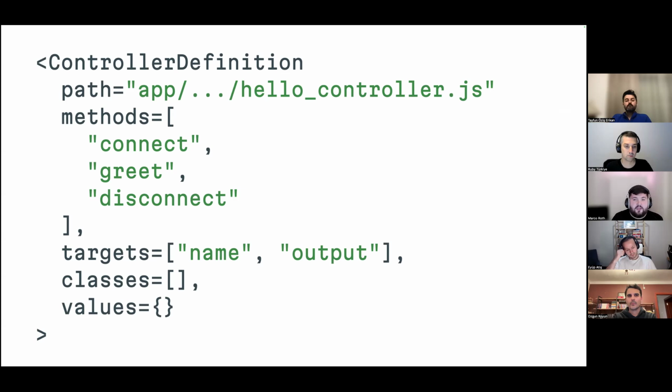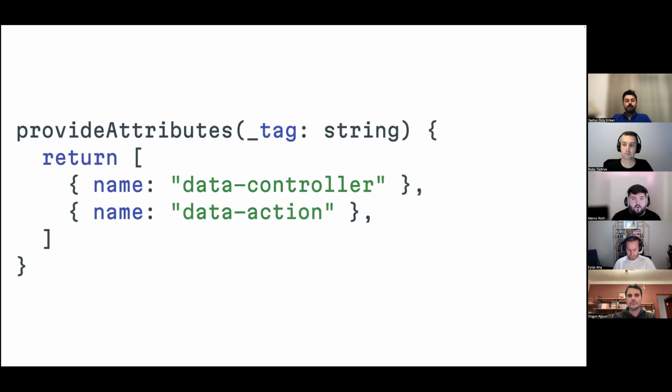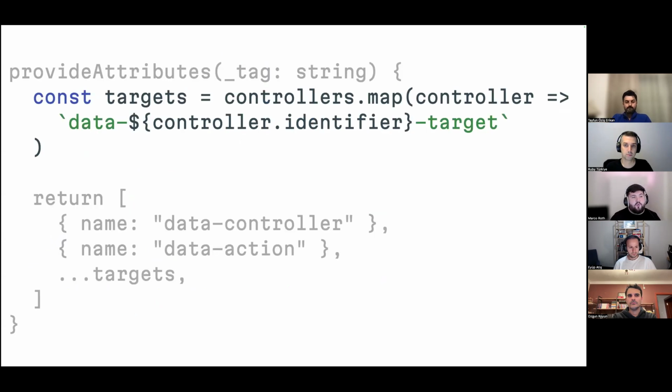And with this information, we can go back to our dynamic attributes and now interpolate these values into our attributes. So for our provide attributes method, we can extend this now to loop over all our targets, interpolate the identifier of our controller, and then return all of these targets with the remaining static ones.